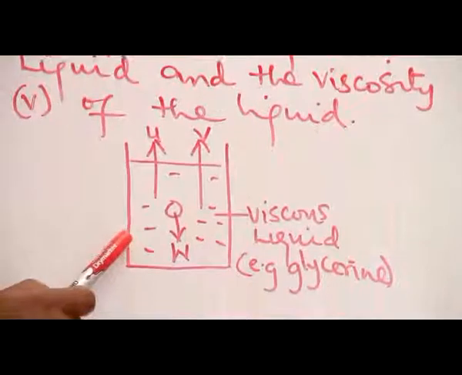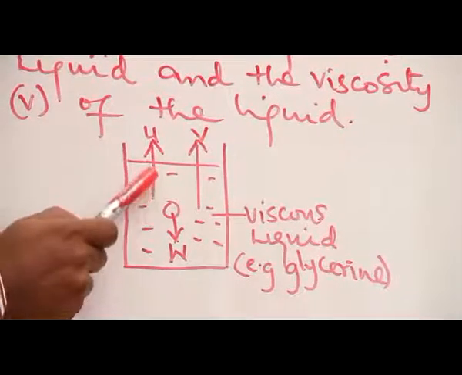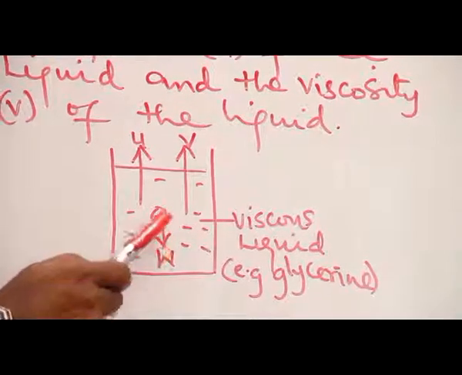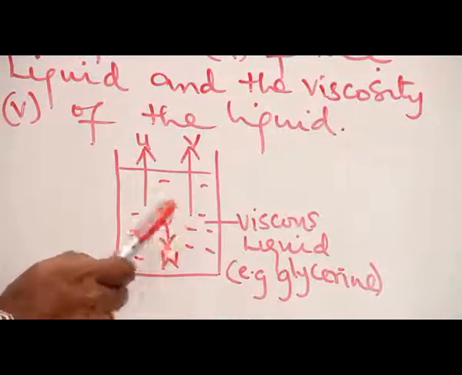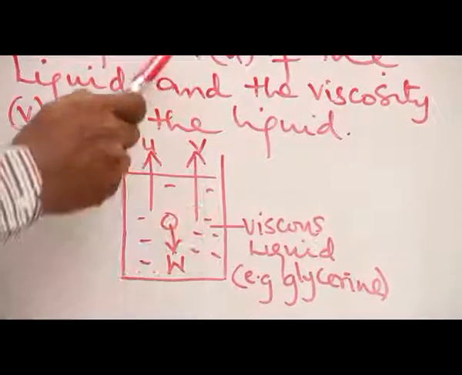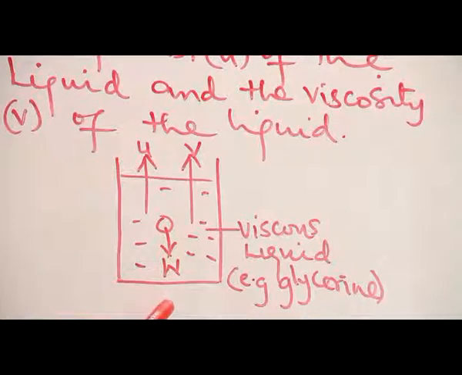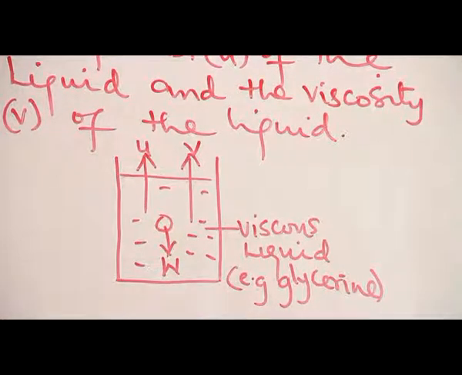This is a simple illustration. Upthrust is upward. Because the object is falling inside, the force that opposes its relative motion with the liquid is viscosity in upward direction again. Then the weight of the object is vertically downward. An example of such a viscous liquid is glycerin.